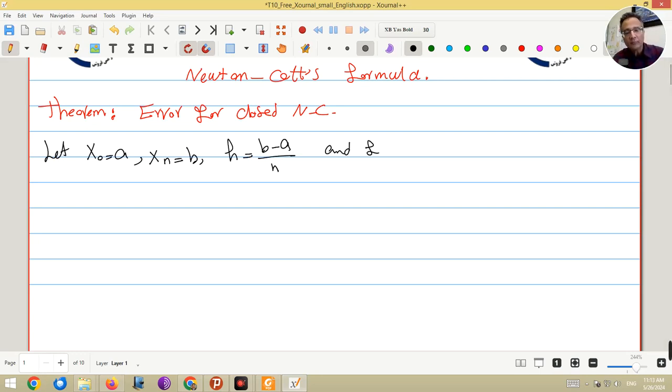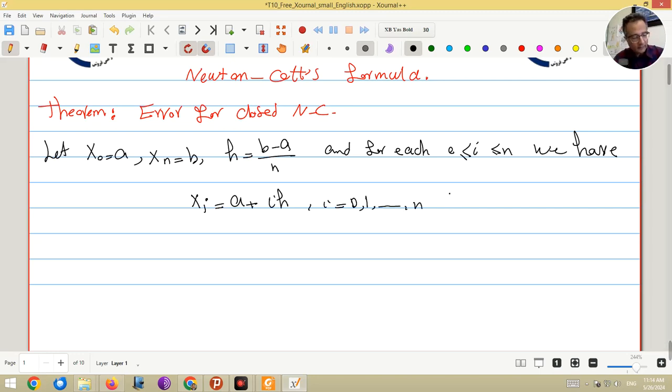And for each i between 0 and n, we have xi equal to x0 plus ih, for i equal to 0, 1 to n.